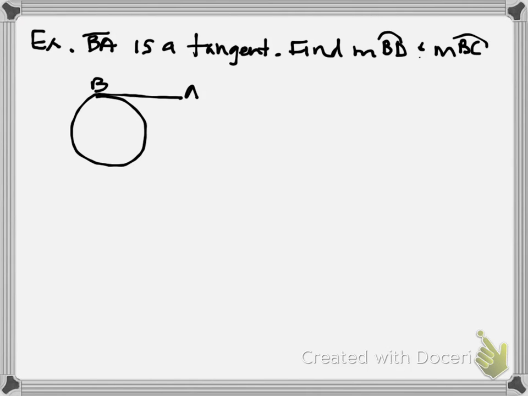Here's B, here's A. We have a secant, AD. We have an arc, BE, and then point C is right here where AD intersects the circle. And then they tell me this angle is 100 degrees. This angle out of A is 40 degrees. This arc, CE, is 66 degrees.